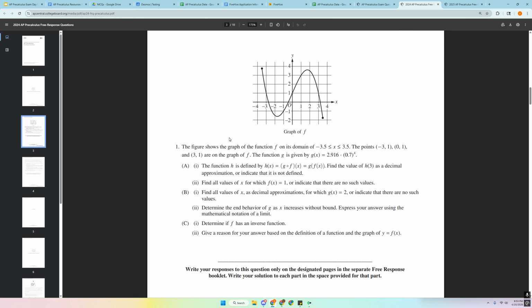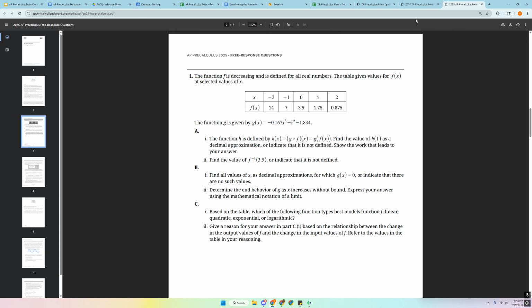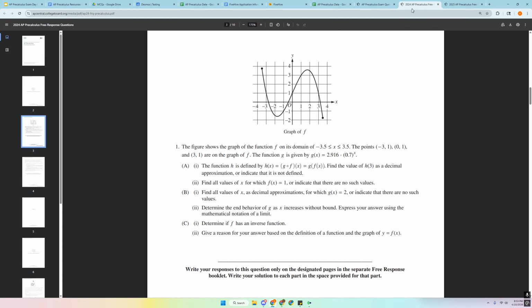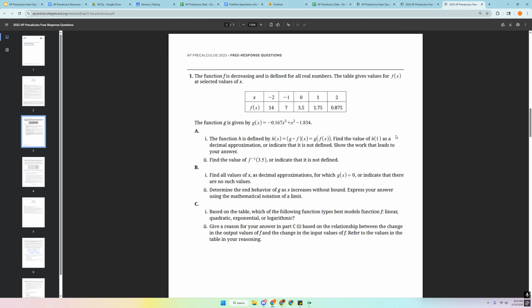Can we put in all 5? Yeah, you could do that as well. If it says decreases without bound, you're going towards negative infinity. So, yeah, that's pretty much it. And then you would do the same thing here.